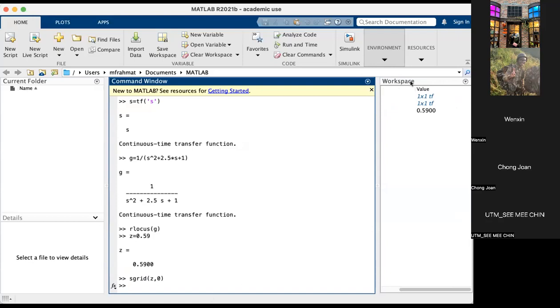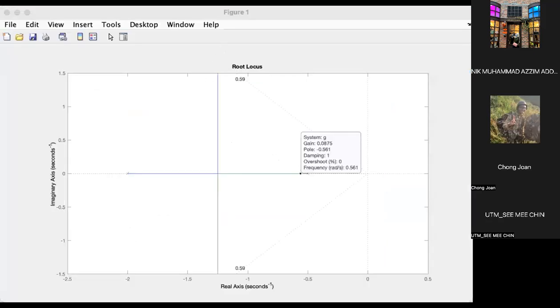Right, so we share again the plot. Can you see the intersection point? Can't see, so you have to adjust the scale. Adjust the scale of the imaginary axis.